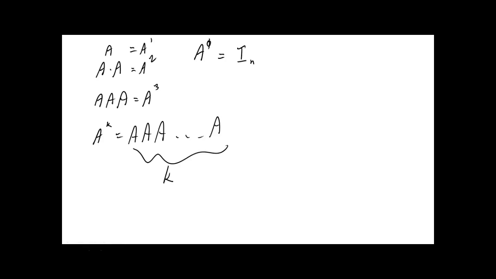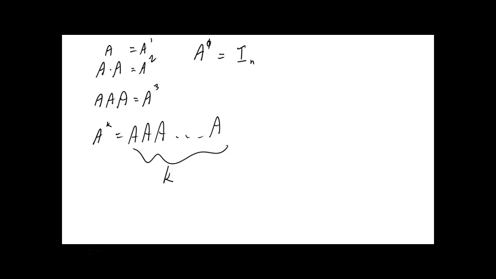If you haven't picked up on it now, the identity matrix acts just like 1 does for a number. Because 1 times 7 is 7, I times A is A, 7 times 1 is 7, A times I is still A. So A to the 0th would be the identity matrix of that size n by n.